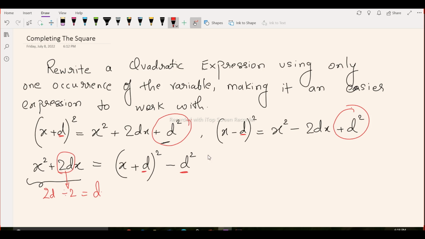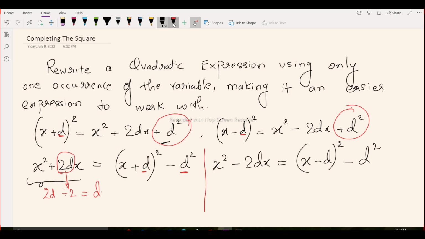Similarly, in this one, if you have something like x square minus 2dx and you need to complete the square, again the only thing I need is plus d square, so I'll write x minus d the whole square, which will eventually add a d square, and I'll subtract a d square.